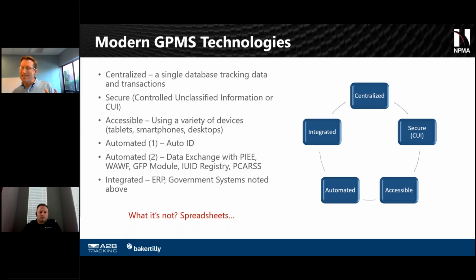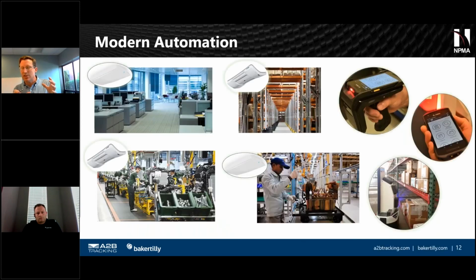And this is where auto ID technology comes into play, where you can put sensors in. And with one of our partners, Zebra Technologies, who's some of the best in the business with both barcode and RFID style handheld devices and physical sensors that can be placed throughout facilities. And as you can see, we're not just talking about the warehouse these days. We're talking about office areas, engineering laboratories.